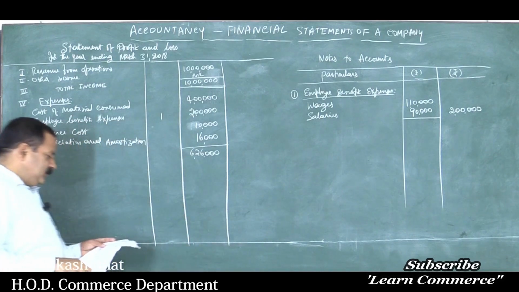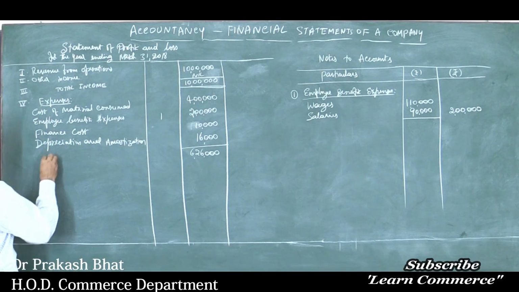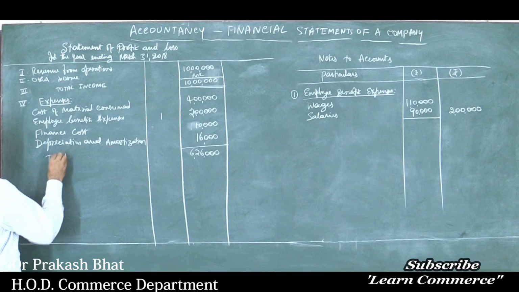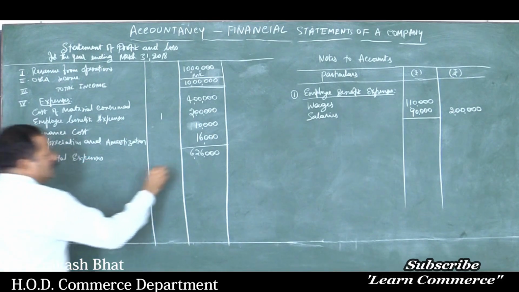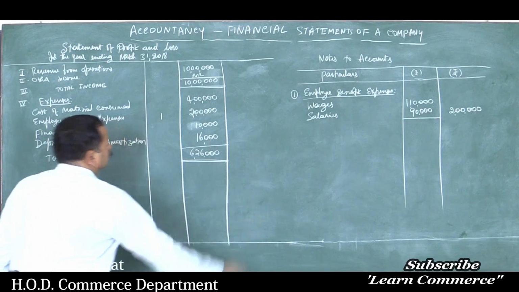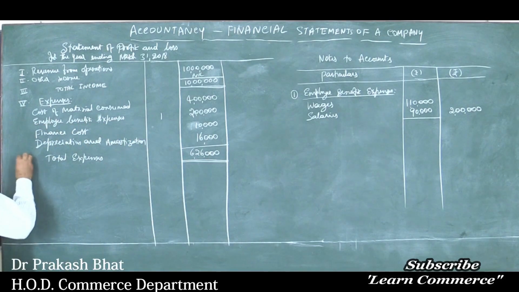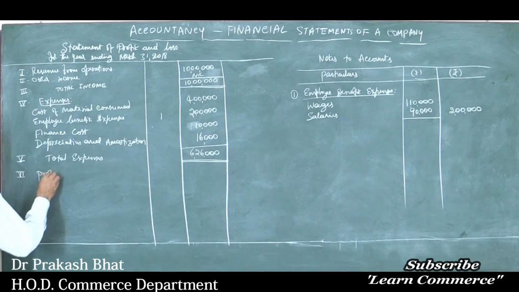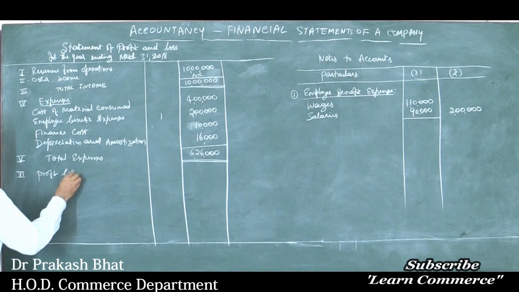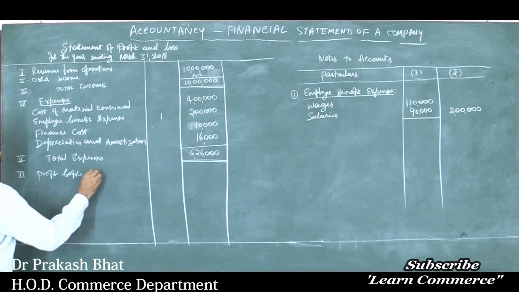This is called total expenses. Underline this. Assign number 5. Then 6, profit before tax.